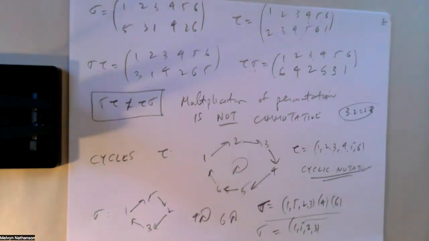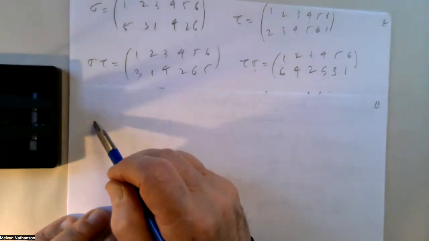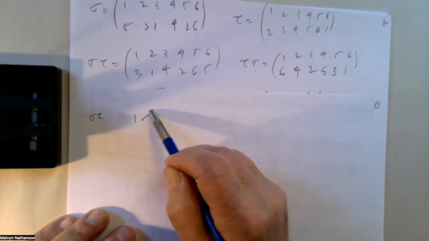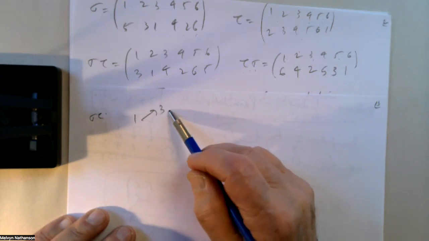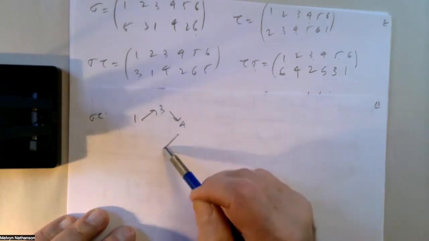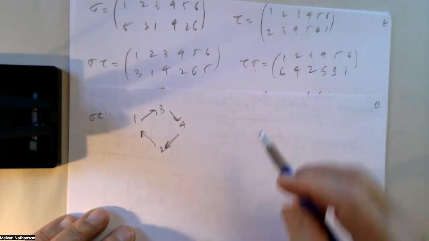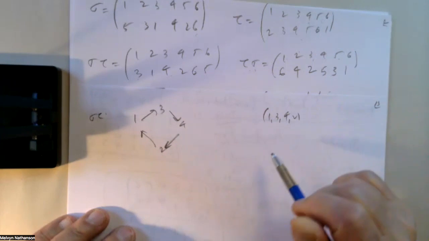Let's look at sigma tau and tau sigma and write them in cyclic notation. So here is sigma tau. In sigma tau, 1 goes to 3, 3 goes to 4, 4 goes to 2, and 2 goes back to 1. So that's the cycle (1 3 4 2).